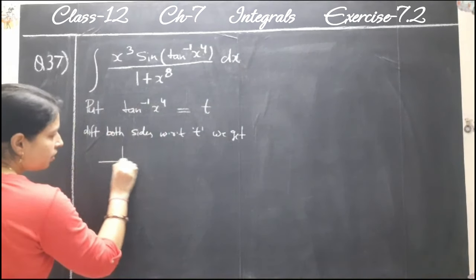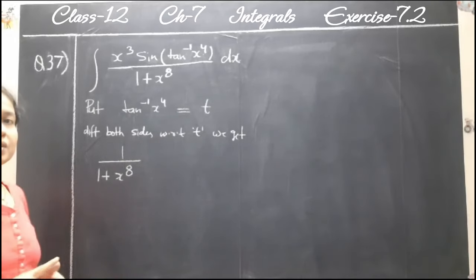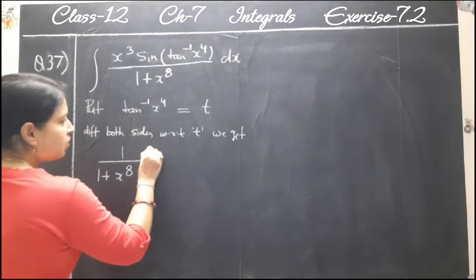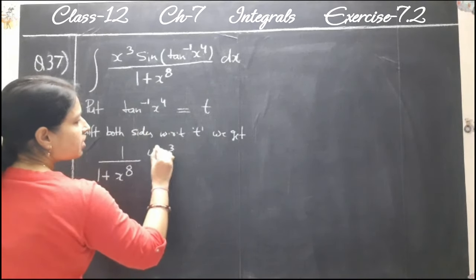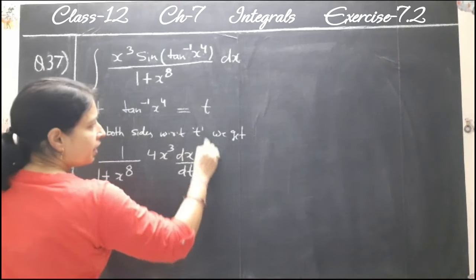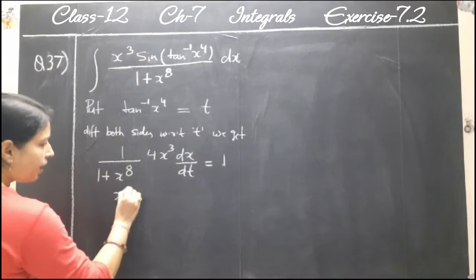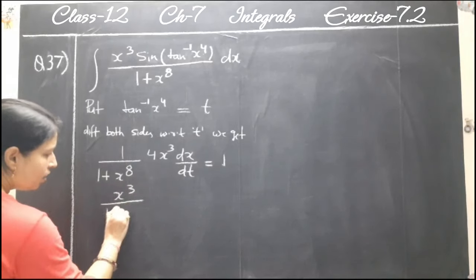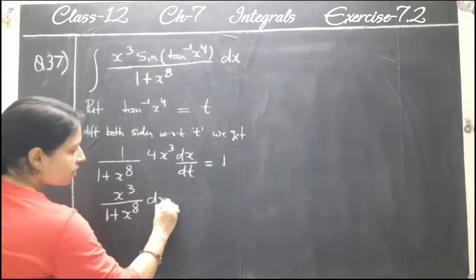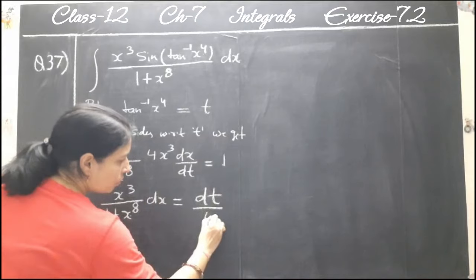So write here 1 plus x to the power 8. Now again differentiate this x to the power 4. We get 4 x cube dx by dt. And here it will be 1. So we can write x cube divided by 1 plus x to the power 8 dx is equal to dt by 4.